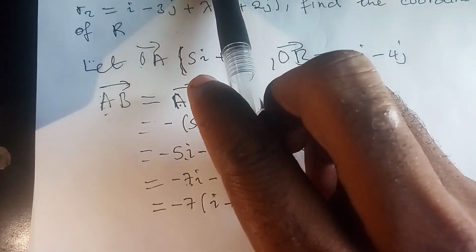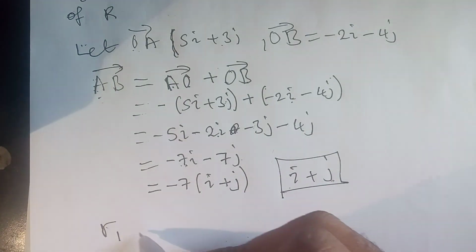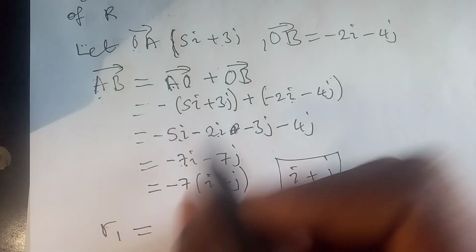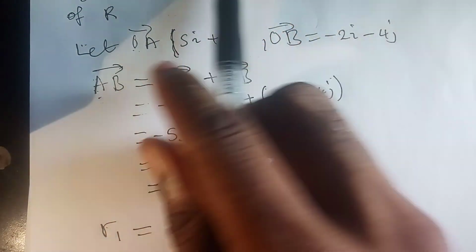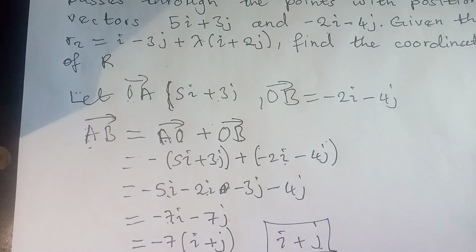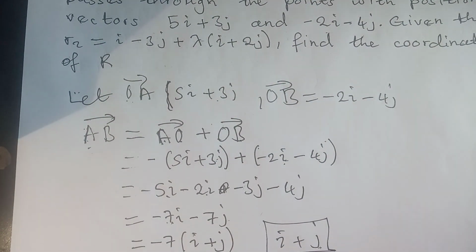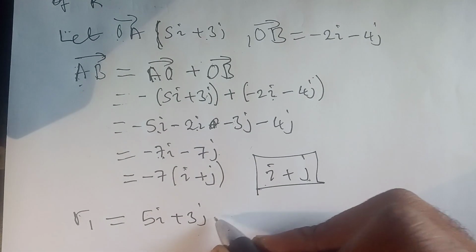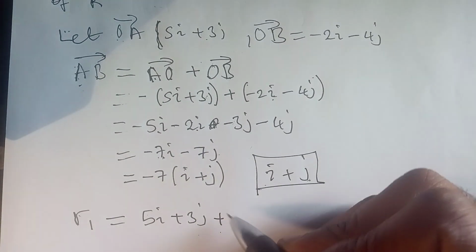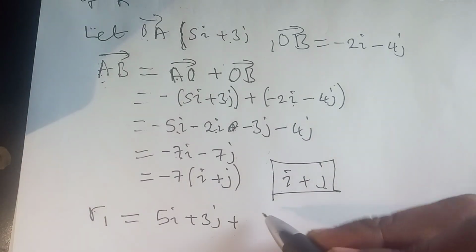We are trying to find the first equation. So the first equation, R1, will be, I'll get one of the 2 points. I think I'll go for this one to minimize the negative signs as much as possible. And then plus, you can use another letter. Since lambda has been used, let's use this one.